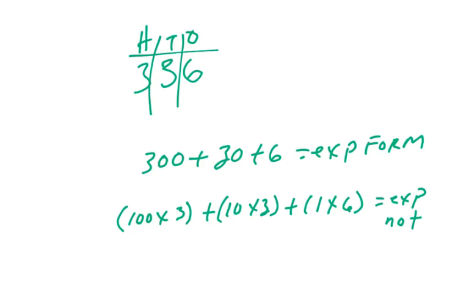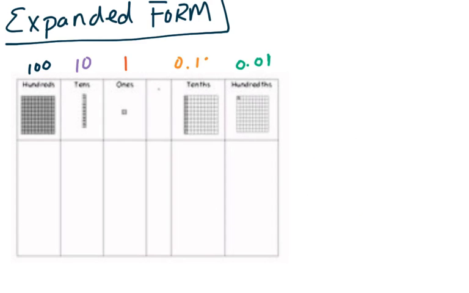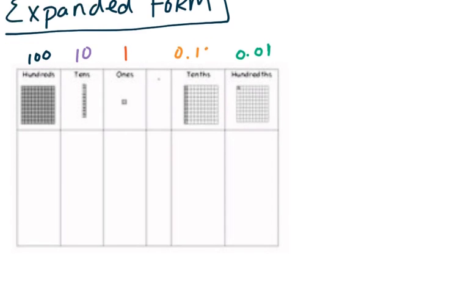So we're going to be looking at the same thing when we talk about decimals. We're just adding one more layer to what we already know. Now, when we're looking at expanded form, remember, we're just putting the value of the digit in each place.